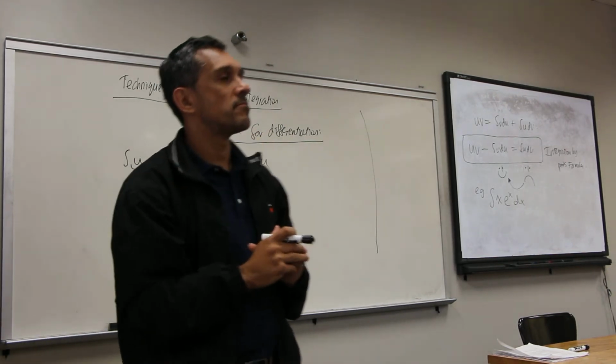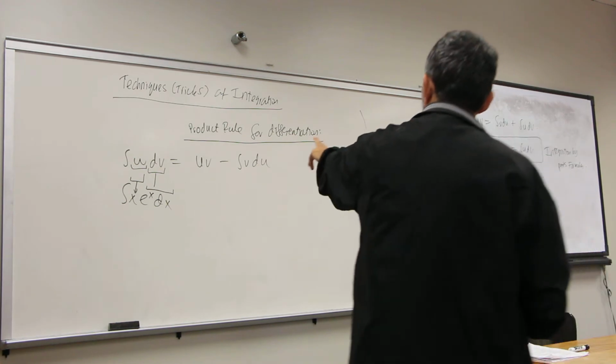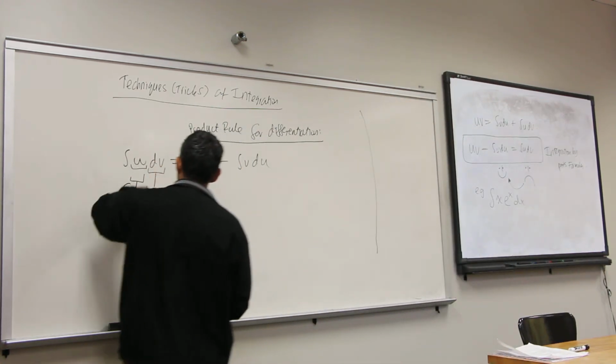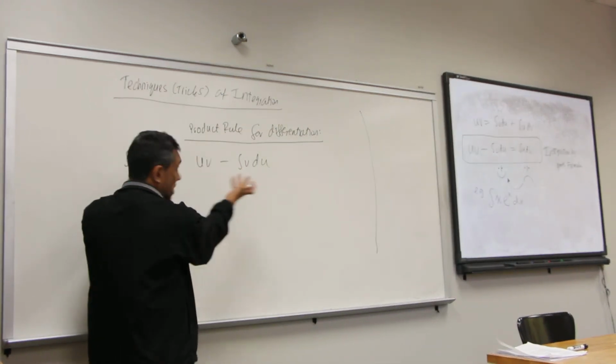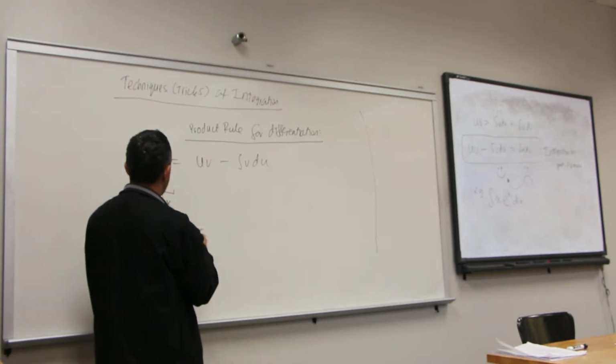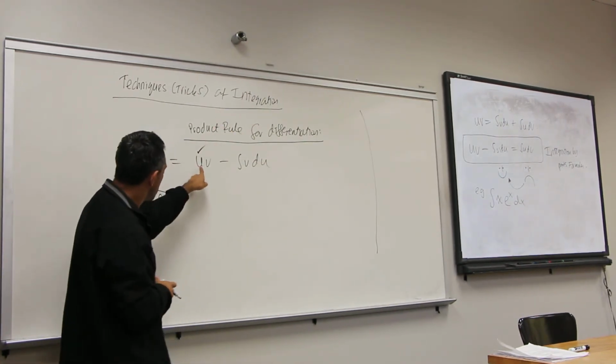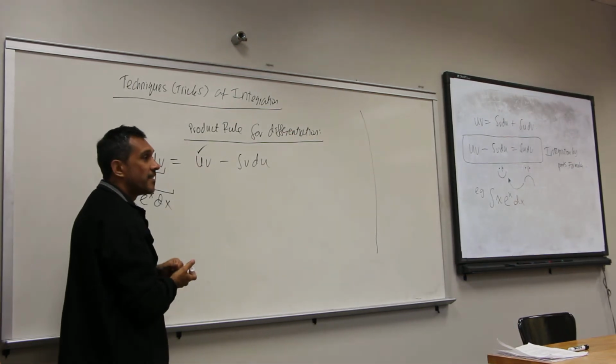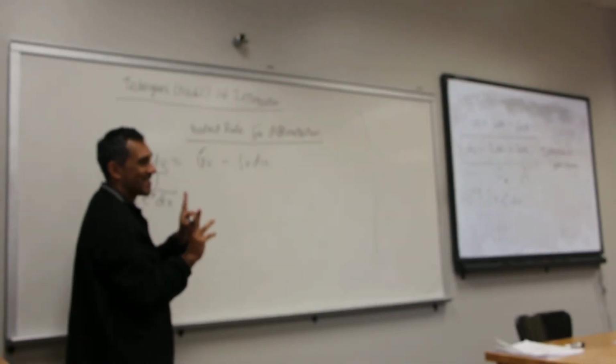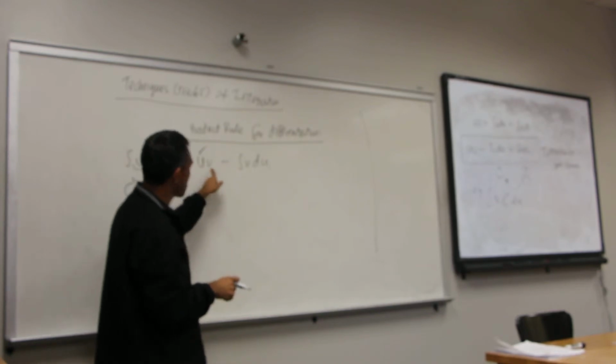So now you have to say, well, if this is u and this is dv, then what is du and what is v? I mean, this guy is taken care of. Now the question is, what is v?